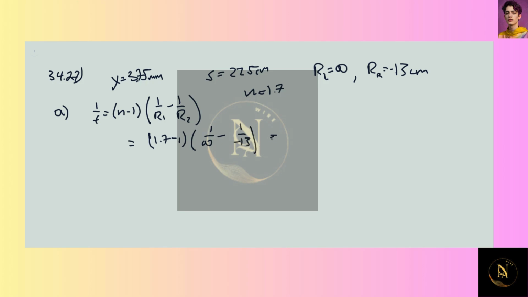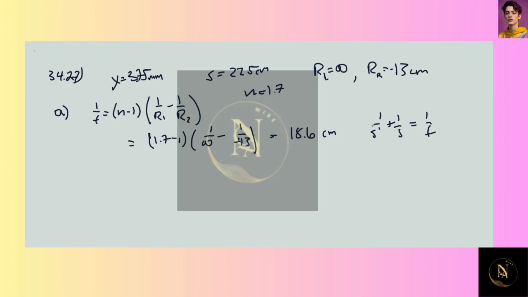If we plug that in, we should see that our focal length comes out to being 18.6 centimeters. And these negatives cancel out, so we have a positive focal length, which is good to know.